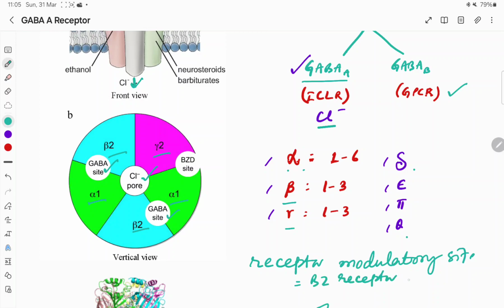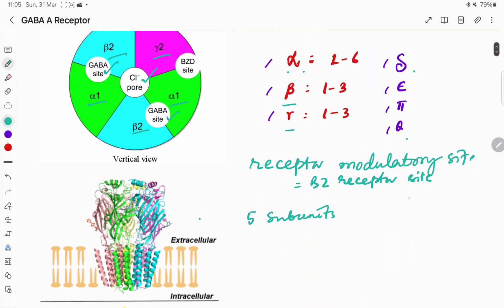BZ receptor is of 2 types: BZ1 and BZ2. BZ1 is also known as omega 1, BZ2 is also known as omega 2. This is the site between the alpha 1 and gamma 2 subunit.